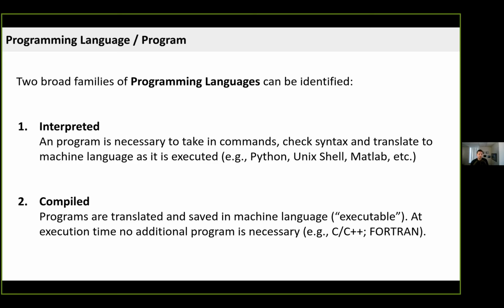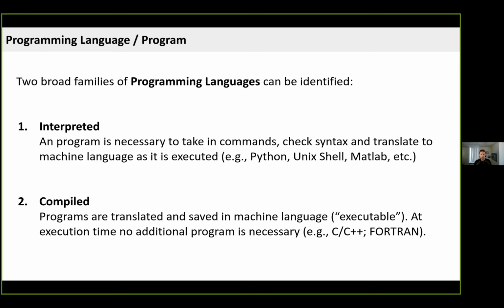Compiled then means that programs are translated and saved in machine language as an executable, and when you run the thing, no additional program is necessary. Languages like this are C or C++ or Fortran. So the difference here is that the web browser you're probably using right now to watch this has been compiled.